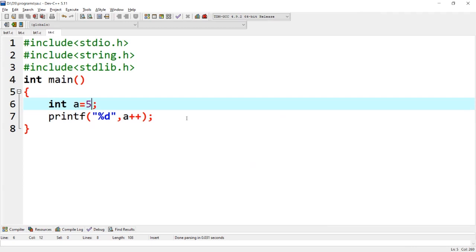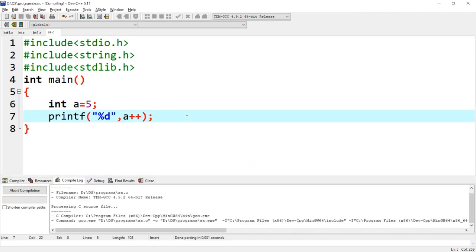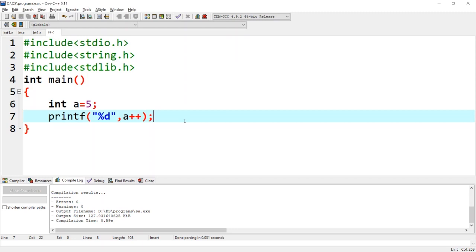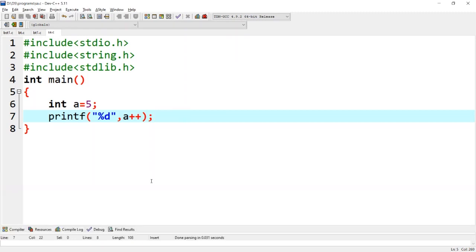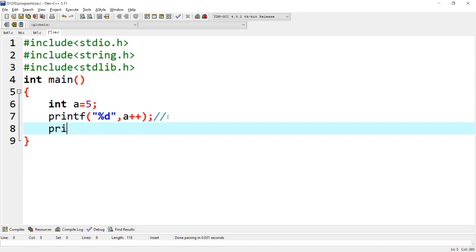Why is it going to be 5? It is the post-increment operation. Post-increment operation means first of all it prints the value, then it is incremented. The value of a is printed first, then a becomes incremented to 6. If I print here percentage d and then print a, the first value is going to be 5 and the next value is going to be 6.